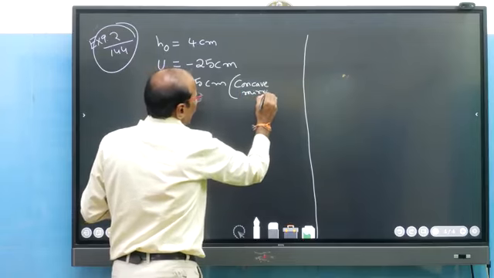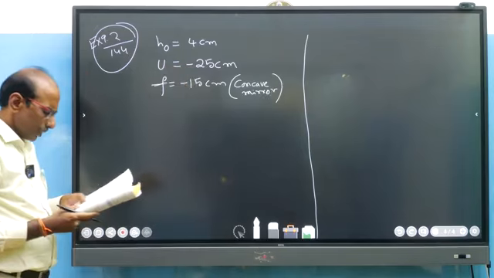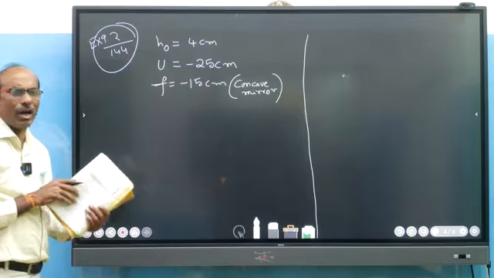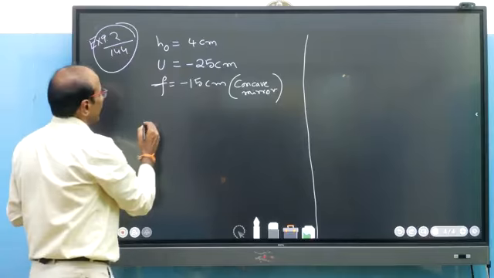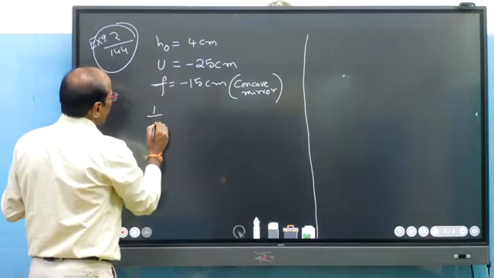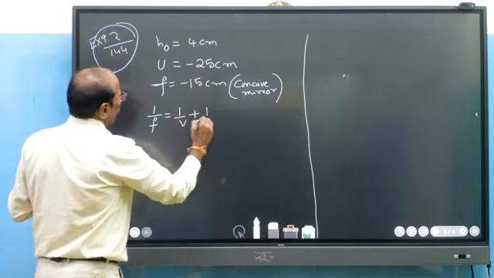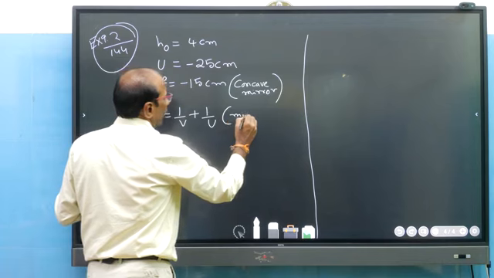So for a concave mirror, focal length is negative. Now you have to find out where the screen should be placed in order to obtain a sharp image. So you have to find the image distance. You know the mirror formula: 1 by f equals 1 by v plus 1 by u.